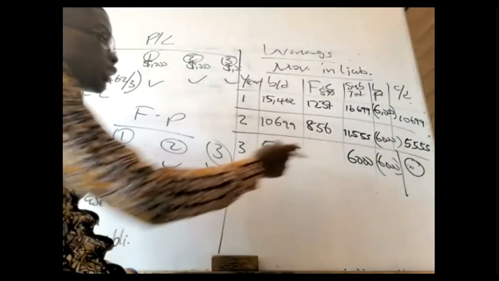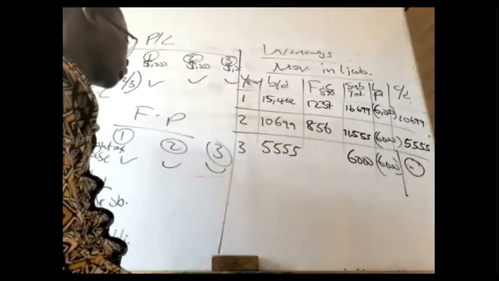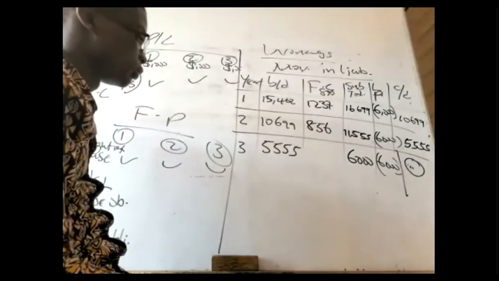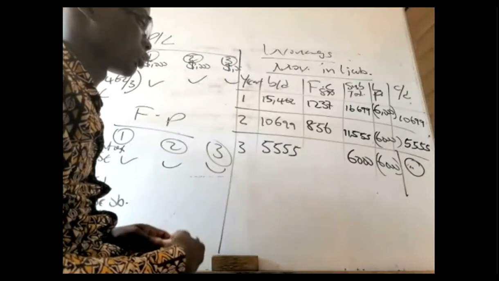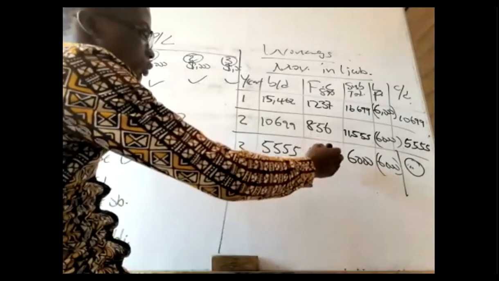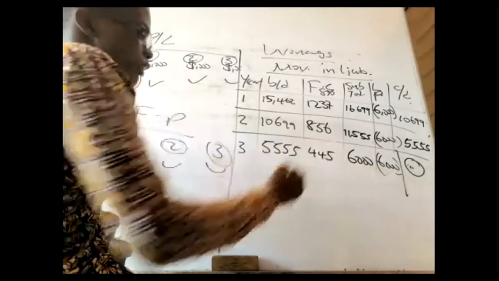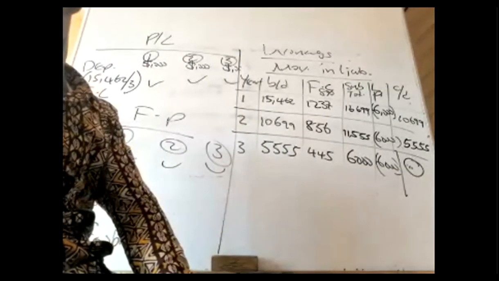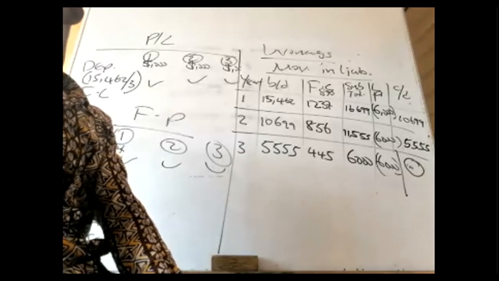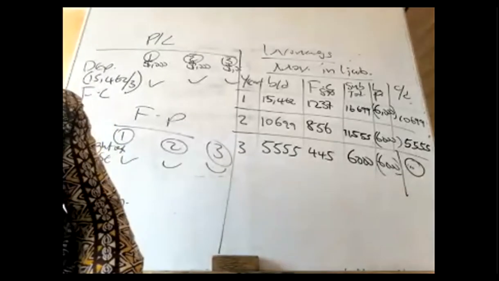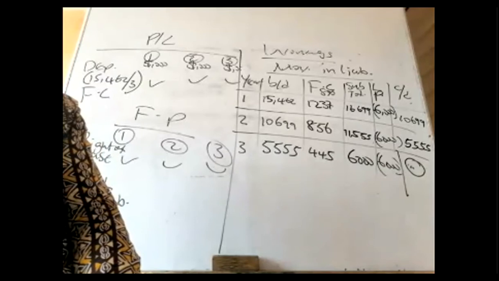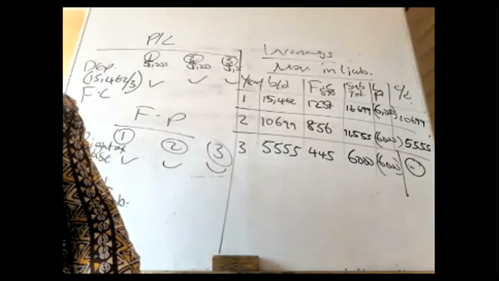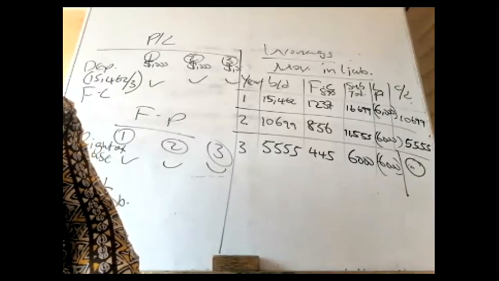So therefore, the difference between this should give us 445, right? The difference should give us 445. Agreed. So 5,555 less 6,000. So 445.